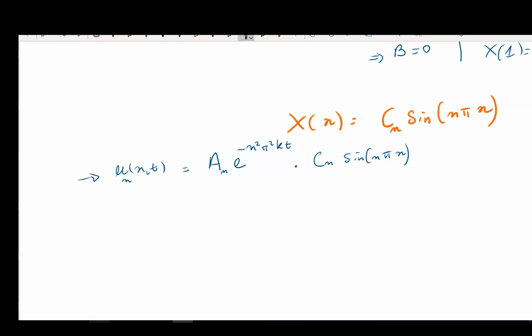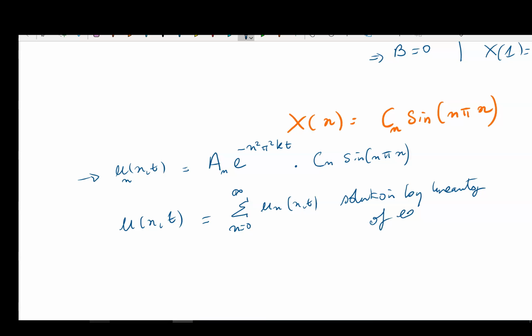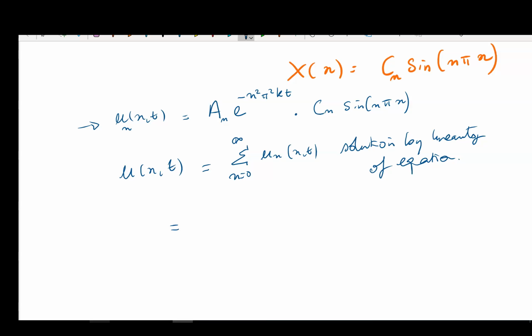So I'm going to write that if un of x, t is a solution, then the sum over all the n, from n equal to 0 to plus infinity, of those solutions is still going to be a solution by linearity of the equation. Maybe you're seeing where we're going. Well, what do we have?